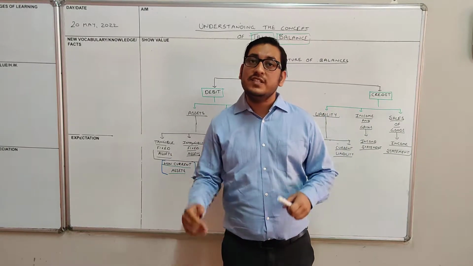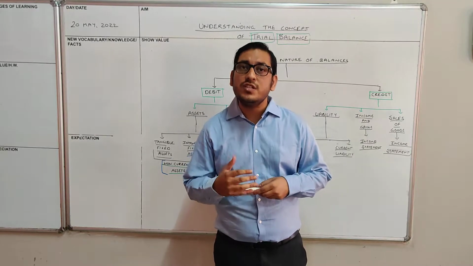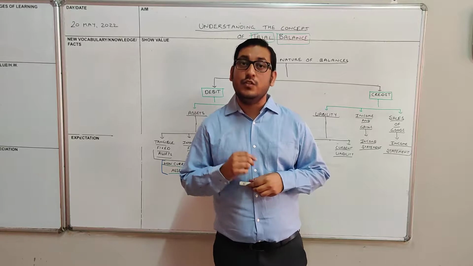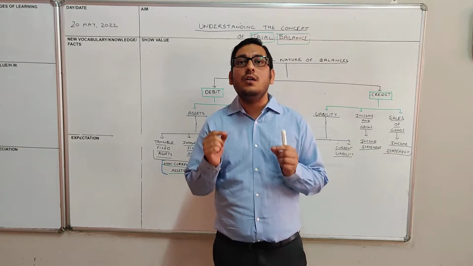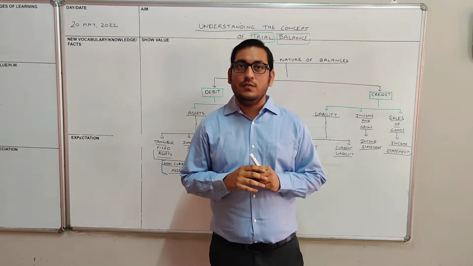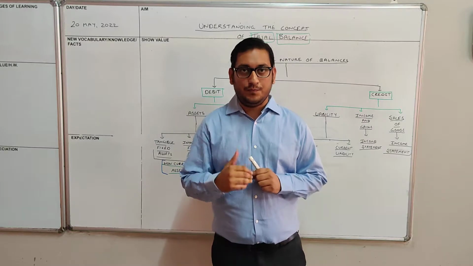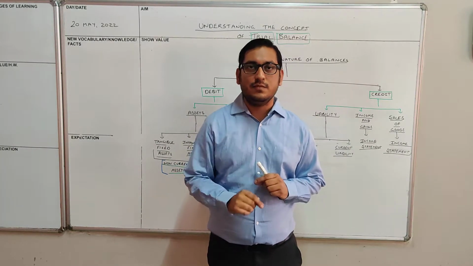The assets which exist but we cannot see it, we cannot touch it, but it exists. For example, the brand, the goodwill, the franchise, the license, all are intangible assets which help a business to run and to grow. But we cannot see it. That's why they are called intangible assets.